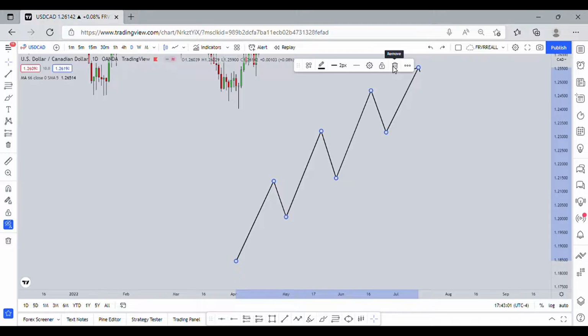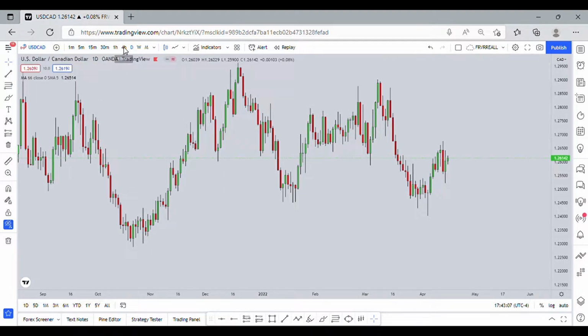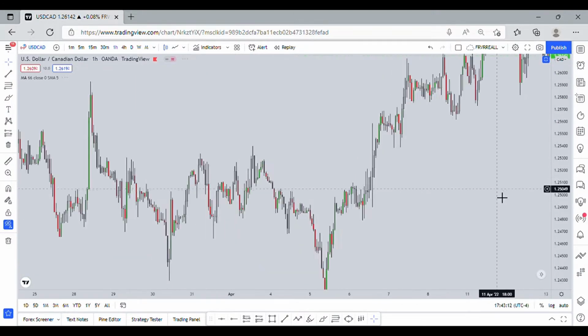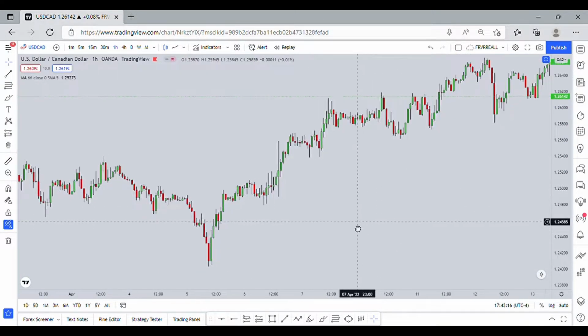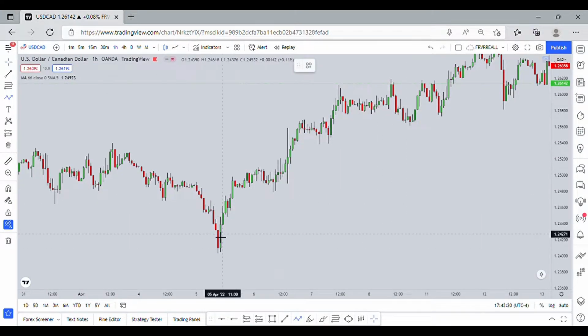I'll show you examples of what an impulsive move and a retracement look like and how they compare. For example, on this pair USD CAD, the US dollar versus the Canadian dollar, you'll see that the price here is in an impulsive move.